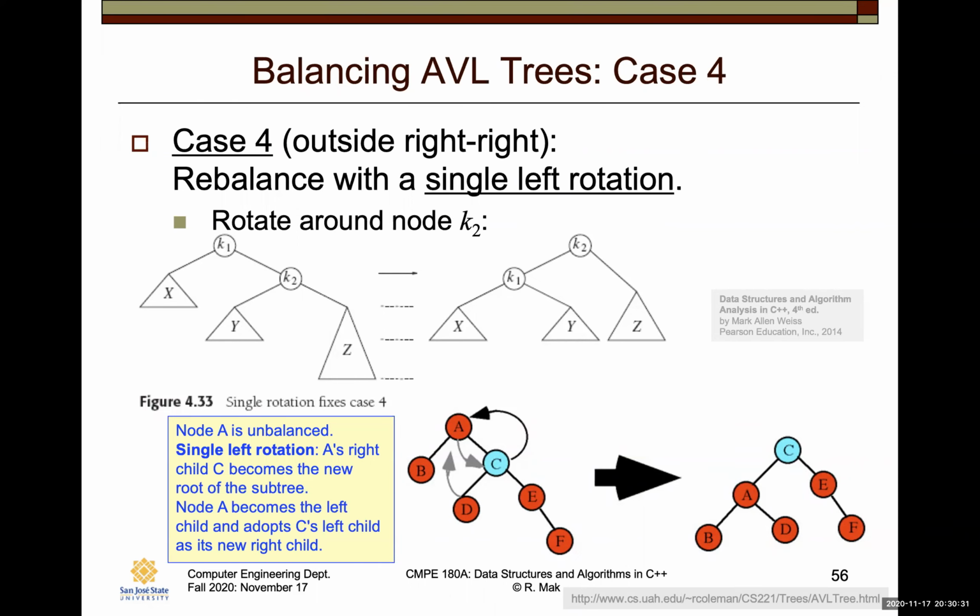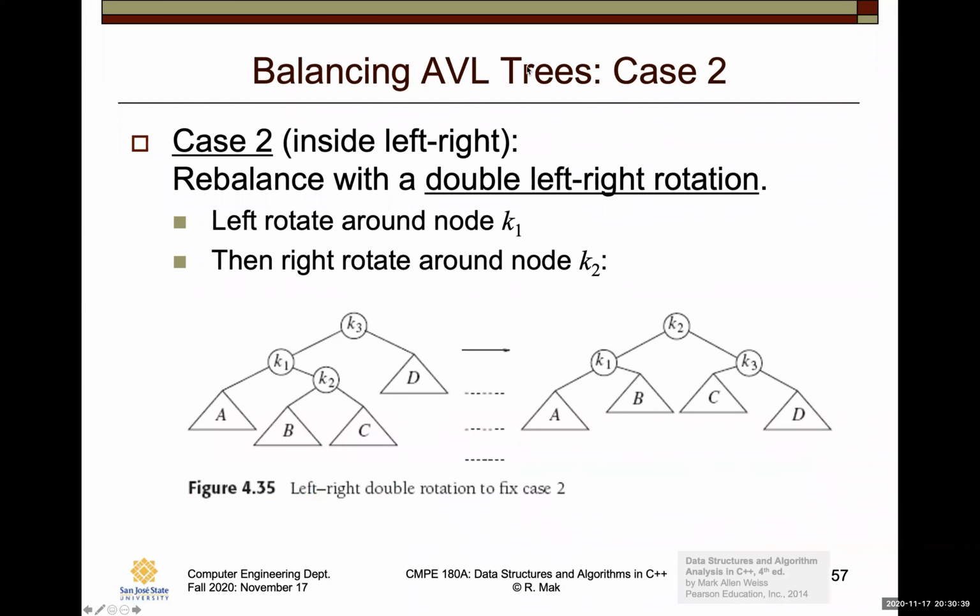Now the inside cases are a little bit more complicated, because they require 2 rotations to rebalance. So this is case 2, the inside left right. So the insertion must have happened in here, and you can see that the tree has become unbalanced.